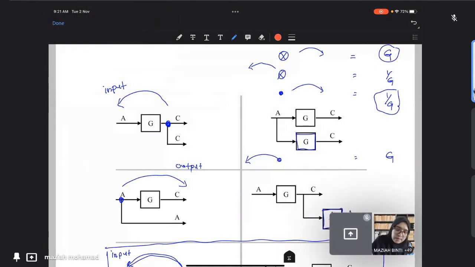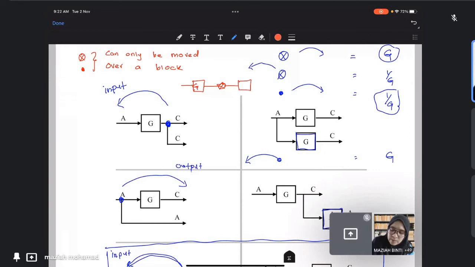Additionally, a summation point and a pick-off point can only be moved over a block. So for example, if we have a block, then we have a summation point, then we have a block.